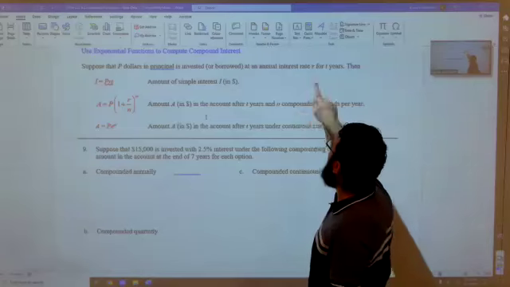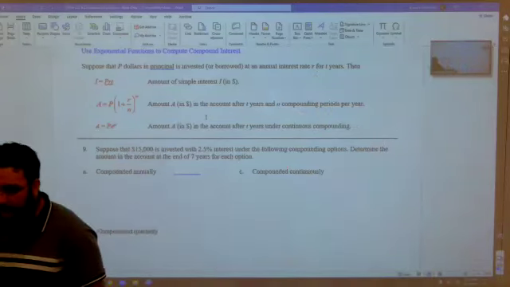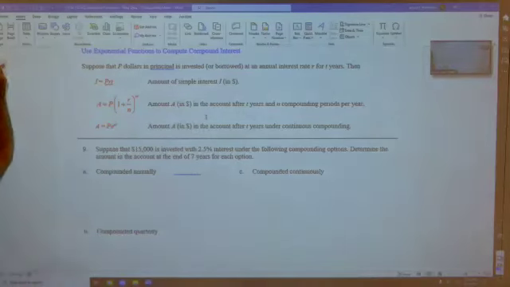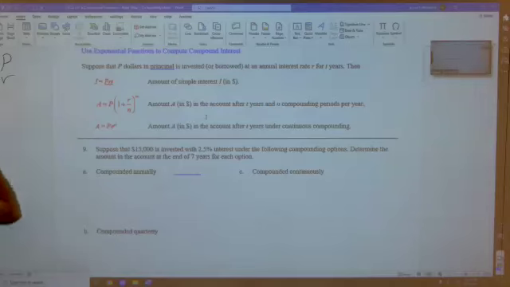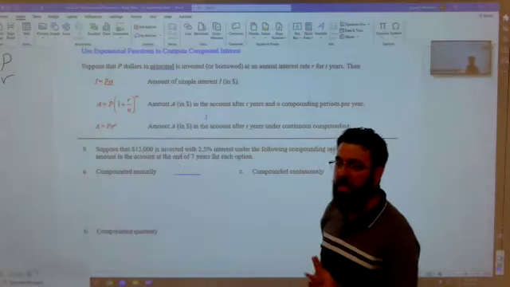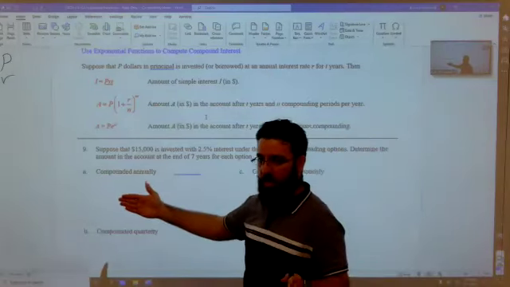At annual interest rate R. So R is the interest rate. Now you're going to write down on the side because you're going to keep using this. P is the invested or deposit. 2, R is the interest rate. Annual interest rate. Annual means for the whole year. Annually, okay?